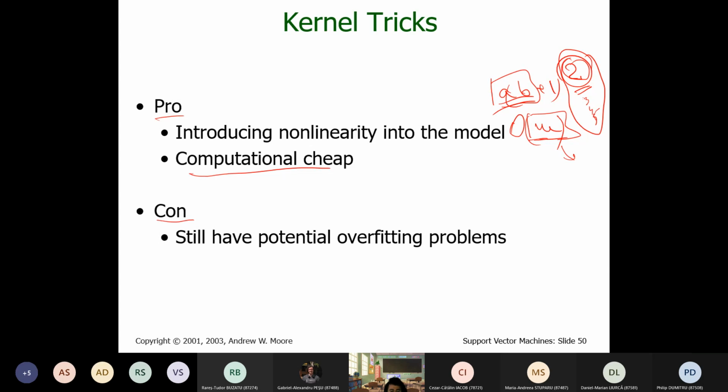I told you that if the fact that the data is not linearly classifiable is not due to the structure of the data, but is due to some errors, then by going to a higher dimensional space, all we will end up doing is fitting the errors. So still we have some overfitting problems.